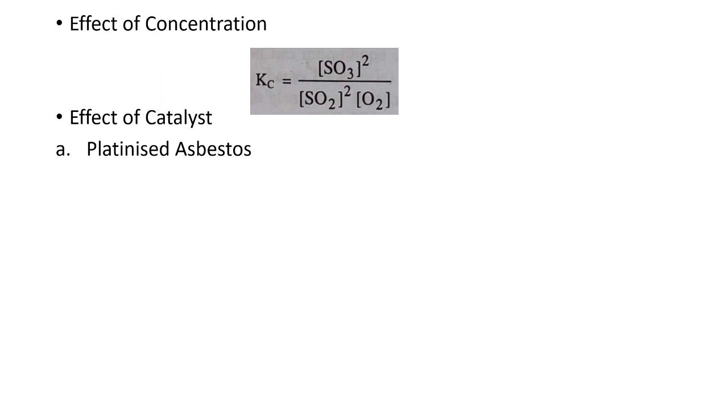The activity of the catalyst is reduced with use, and the life of the catalyst becomes short. Here the platinized asbestos is a very efficient catalyst, which can bring about 95 to 96% conversion, but with prolonged use the life of the catalyst becomes short.